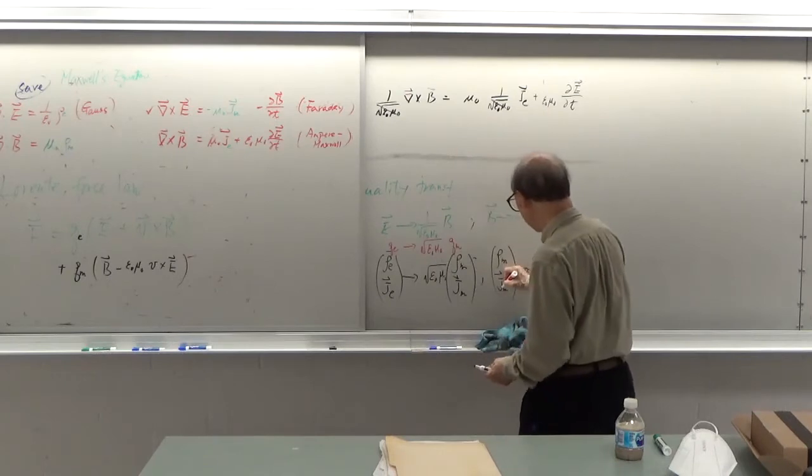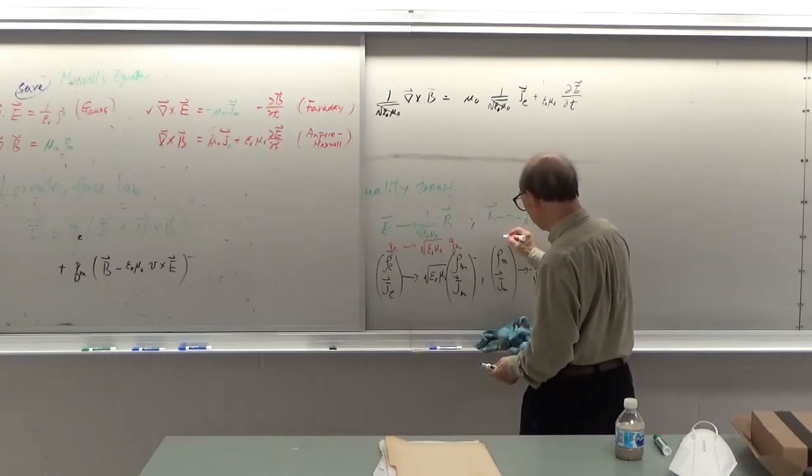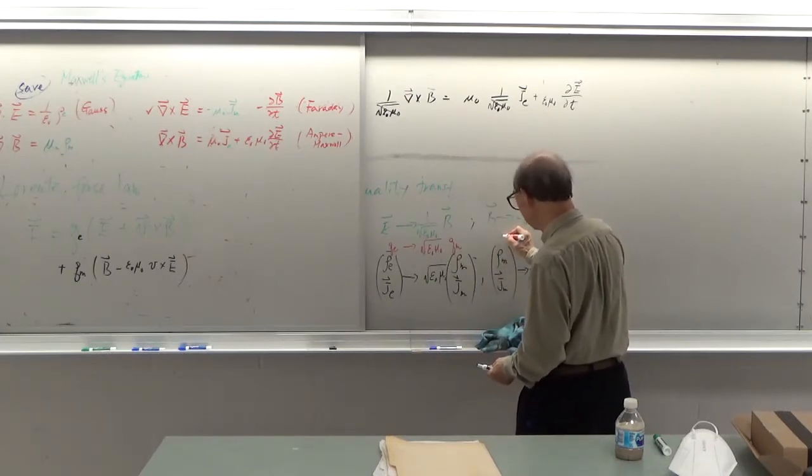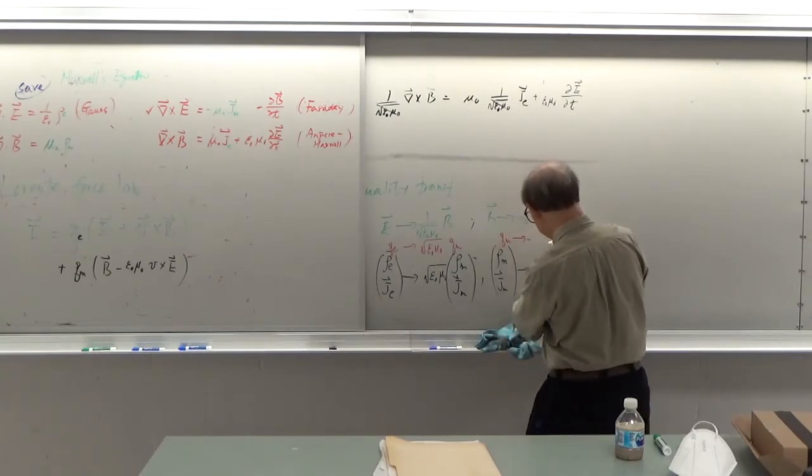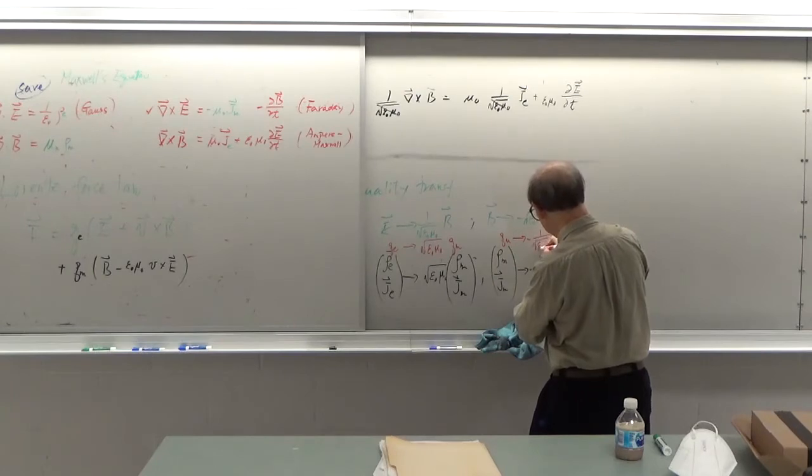And this rho_M would contain this transformation: Q_M goes into minus 1 over square root of epsilon naught mu naught Q_E.